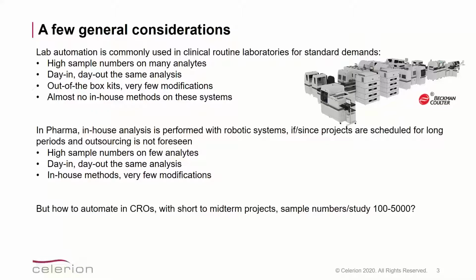For this purpose, the laboratory equipment manufacturers have developed excellent systems that are fast, user-friendly, and highly reliable. In the pharmaceutical sector, on the other hand, more open systems are used for laboratory automation in order to apply own bioanalytical methods. These are used then with a similar consistency as before in the routine clinical laboratories.